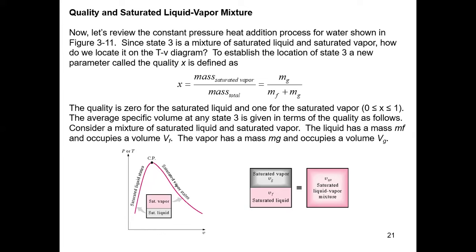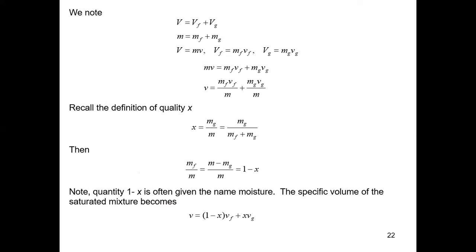Consider a mixture of saturated liquid and saturated vapor. The liquid has a mass mf and occupies a volume Vf. The vapor has a mass mg and occupies a volume Vg. So m is equal to mf plus mg, V is equal to mv, Vf is equal to mf vf, and Vg is equal to mg vg. These are capital V's on the left hand side. So mv is equal to mf vf plus mg vg.